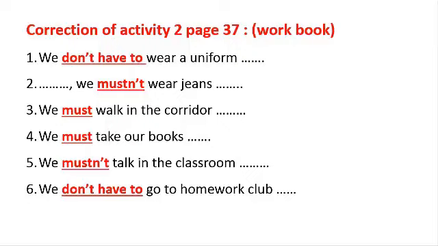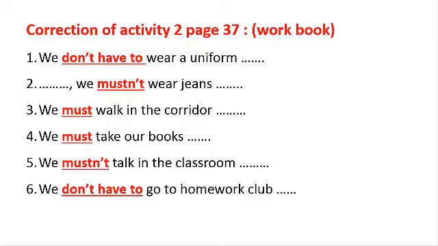Number 4, we must take our books back to the library so other students can read them. Obligation. Number 5, we mustn't talk in the classroom. We have to be quiet.